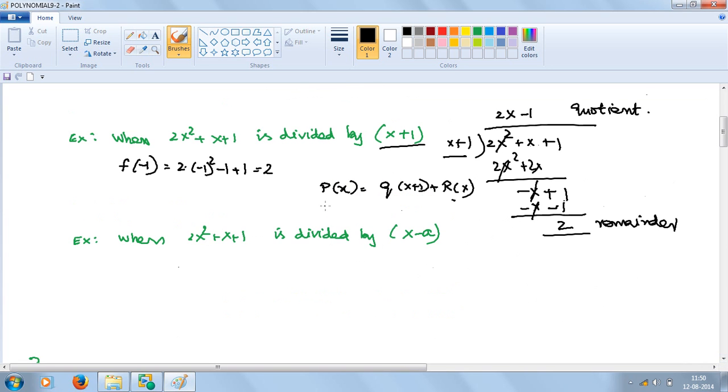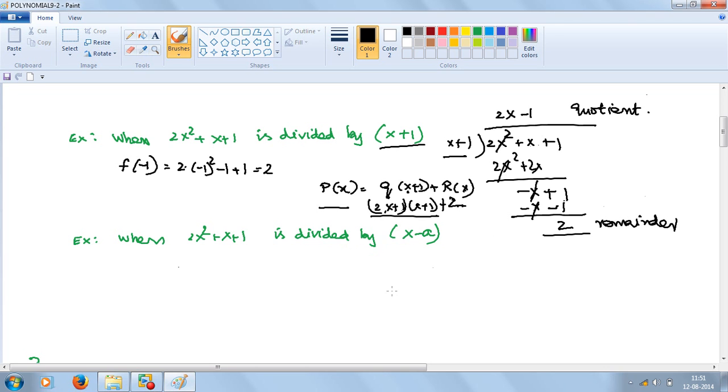When polynomial p of x is divided by x plus 1, we get some quotient multiplied by x plus 1, plus some remainder of x. When you say remainder of x, it is just the value 2. That's all. What about this one? p of x is 2x plus 1 multiplied by x plus 1 plus 2, where this is the quotient and this is the remainder.